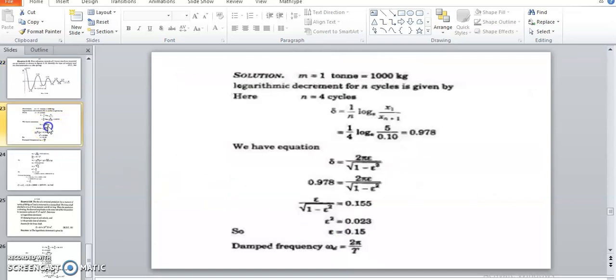So we can now find this delta. The mass is given as 1 ton, 1000 kg. The number of cycles on the displacement-time plot is 4.